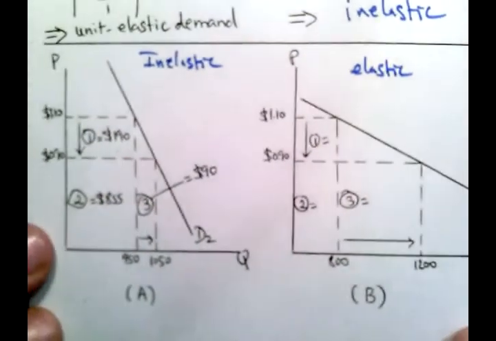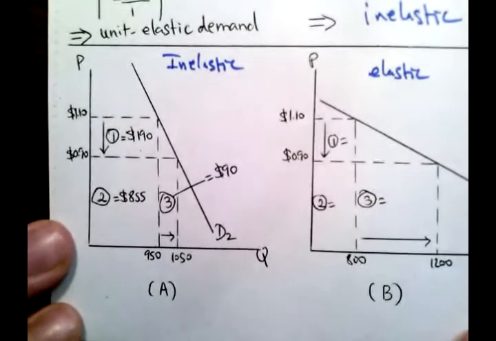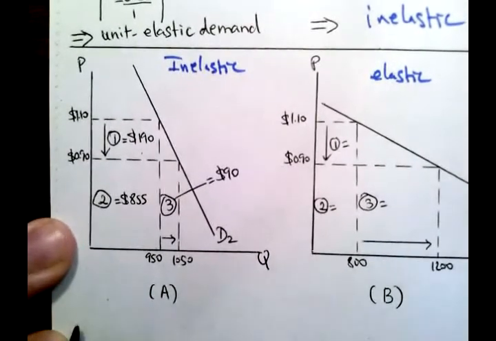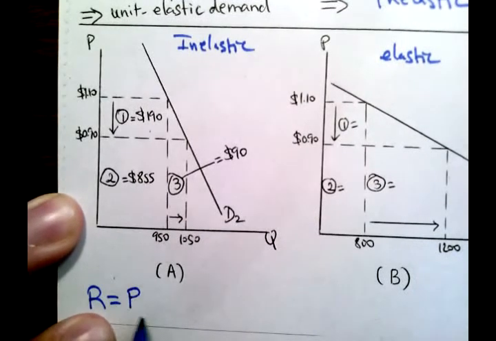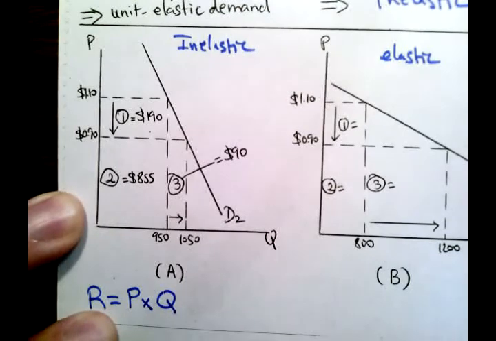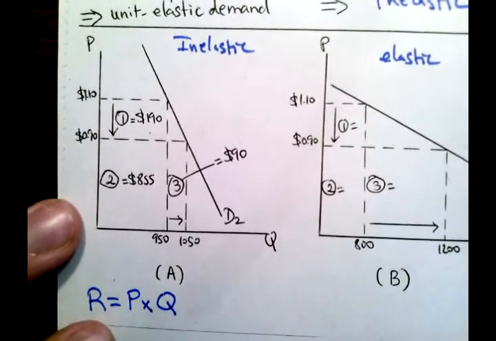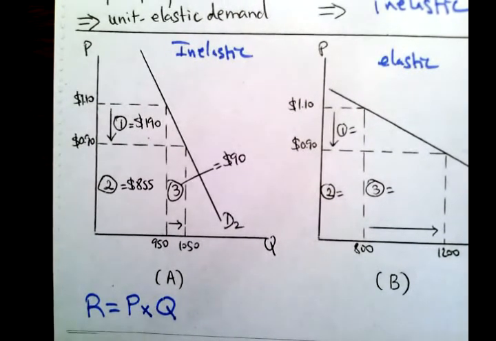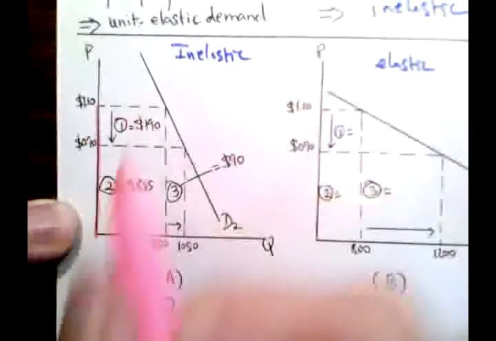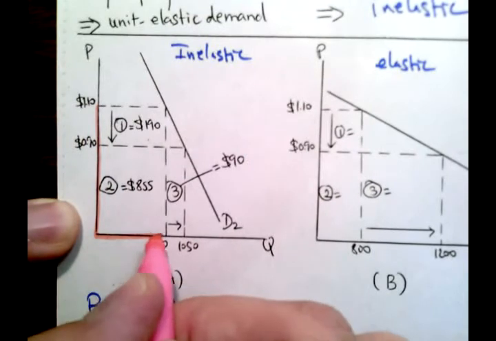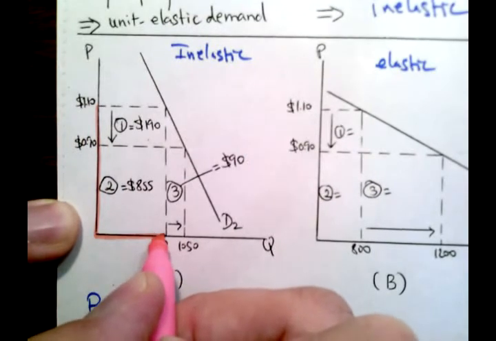So to calculate the firm's revenue, if we look at graph A here, revenue will be the price that you sell, the price of that ice cream, times how many you sell, P times Q. So if I look at this on the graph, the price is $1.10 that you get for each one of those 950 ice cream that you will sell at that price.